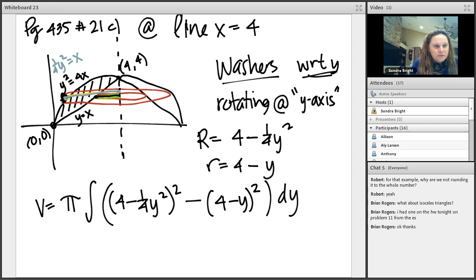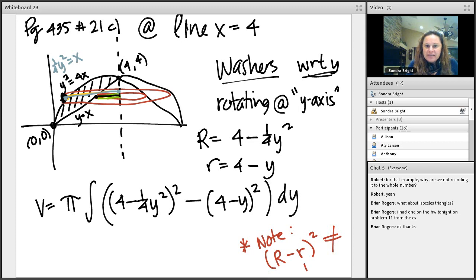It's important for you to note that big R minus little r, squared, is absolutely not the same thing as big R squared minus little r squared. No way. So don't you dare put parentheses around the whole thing and then square it. It's big R squared and then minus little r squared. Super important.